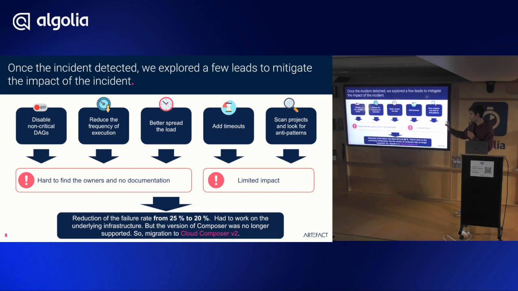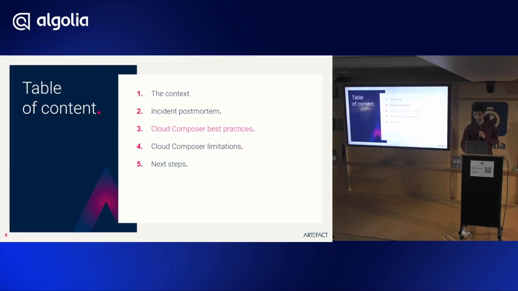So with this, we reduced the failure rate from 25% to 20%, but still there were DAGs failing and people were still unhappy. So we had to work on the underlying infrastructure, and we chose to migrate from Composer v1 to Composer v2 because the Composer v1 version we had was deprecated.